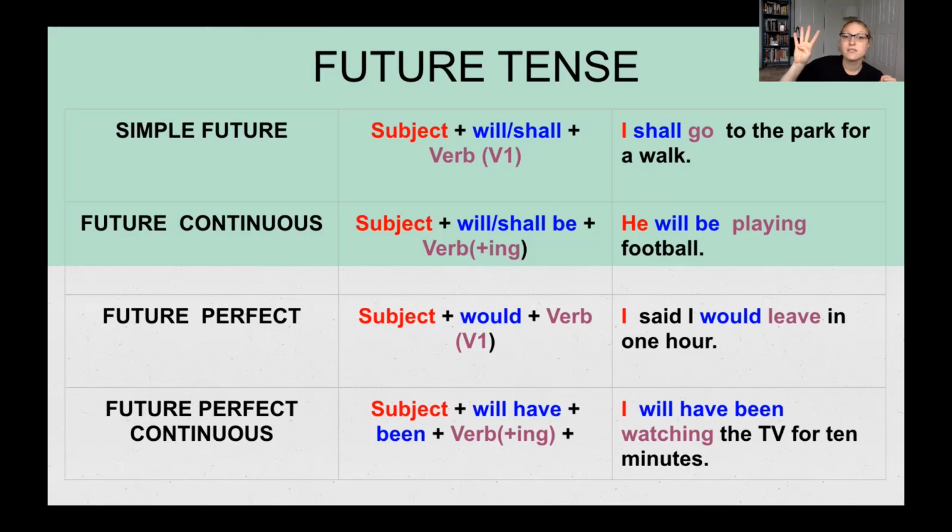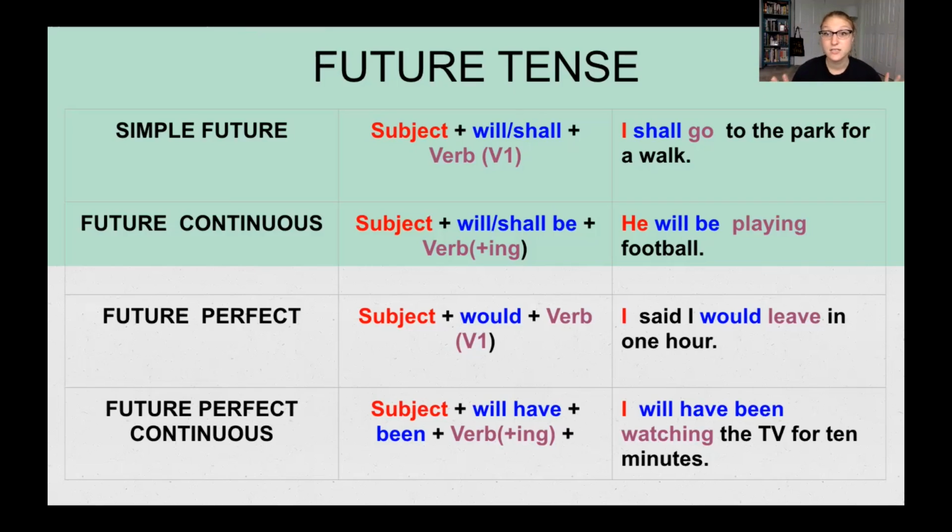I, subject, will have, plus been, watching the TV for 10 minutes. I will have been watching the TV for 10 minutes, meaning I could have been watching the TV for 40 minutes. Or I could continue to be watching the TV. I could have watched the TV in the past. We're not sure which way it's being continuous, but it's continuous.